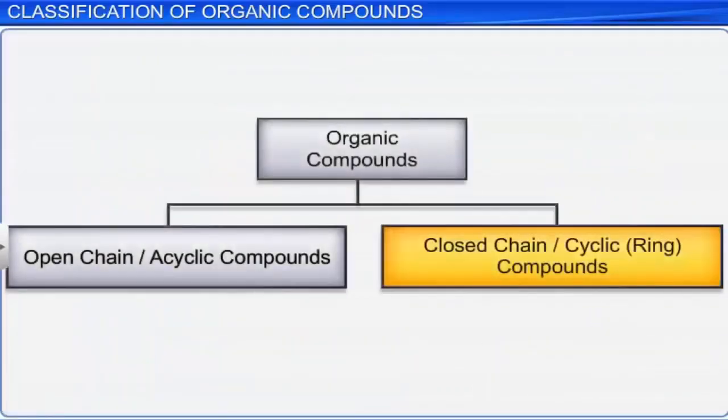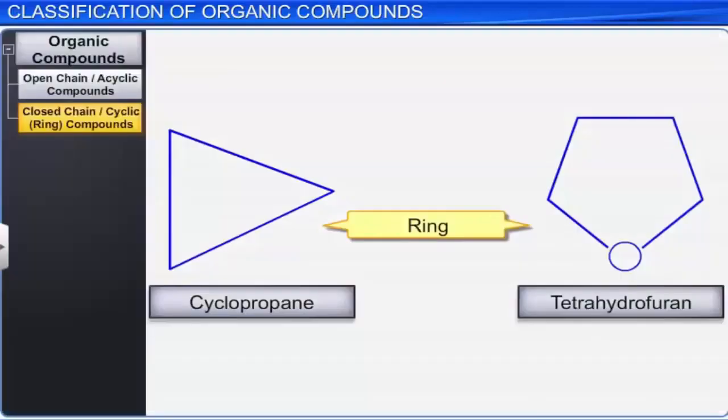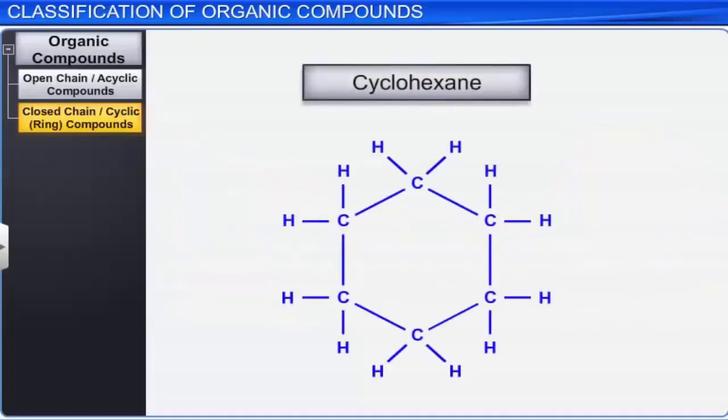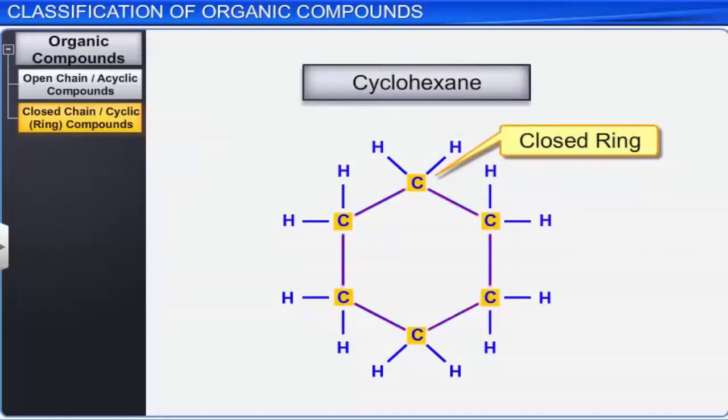In a cyclic or ring or closed chain compound, the carbon atoms and any other atom, if any, are joined together to form a closed ring. For example, in cyclohexane, 6 carbon atoms join together and form a closed ring.